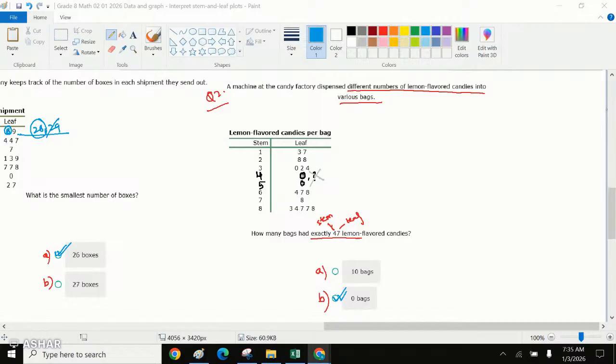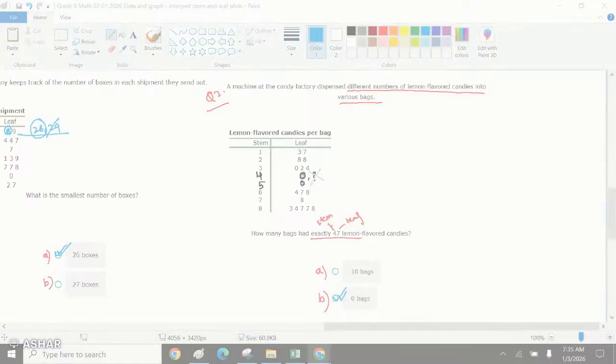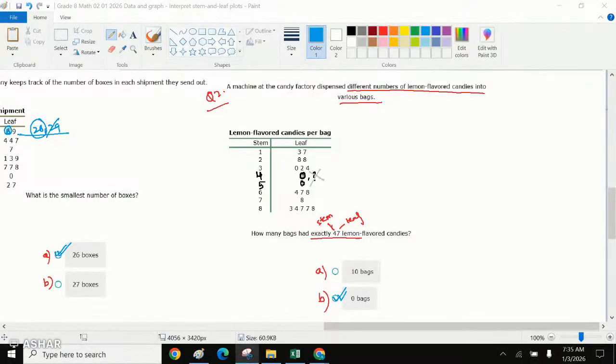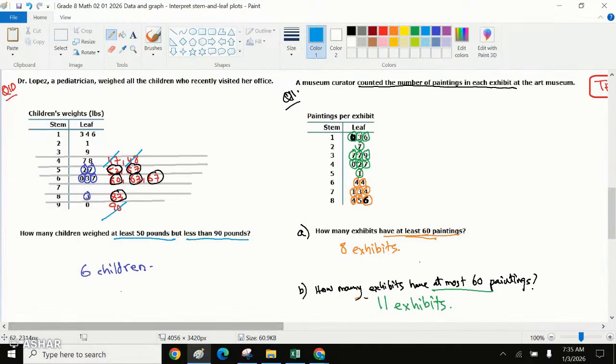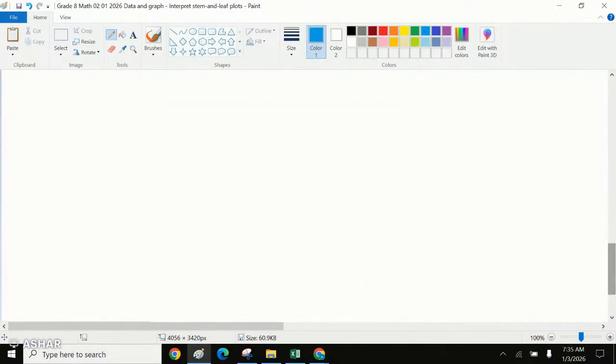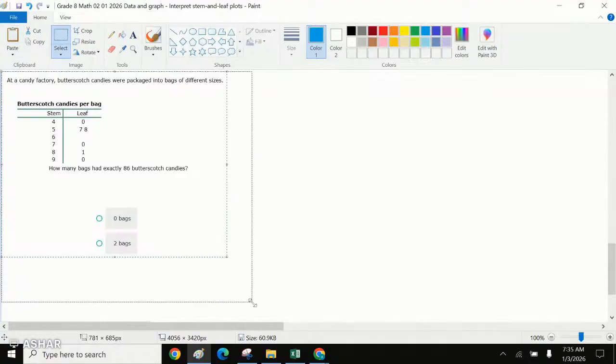Okay. I'll copy the next one for our ease. Butterscotch candies. Okay, they're still talking about a different question with the candies, right? Let's look at question number 3. Okay.